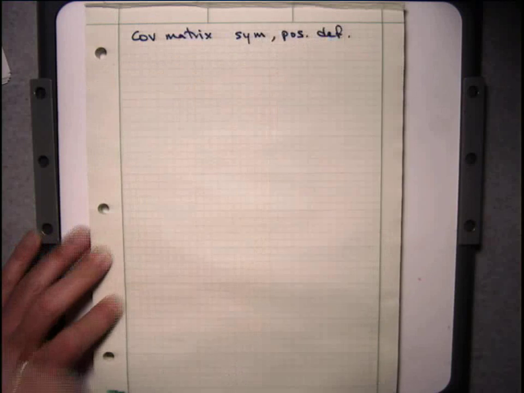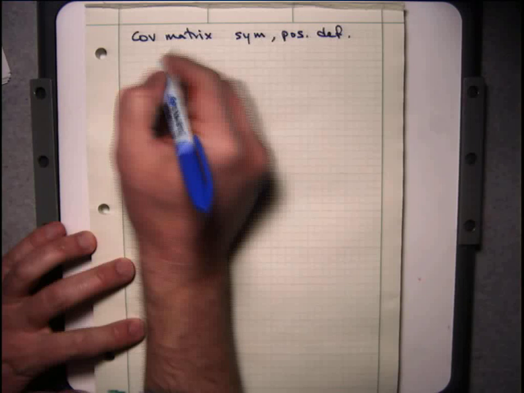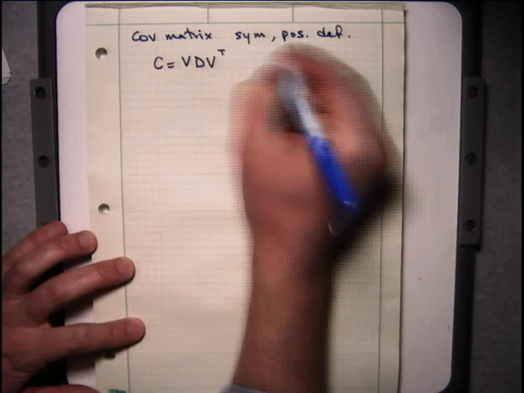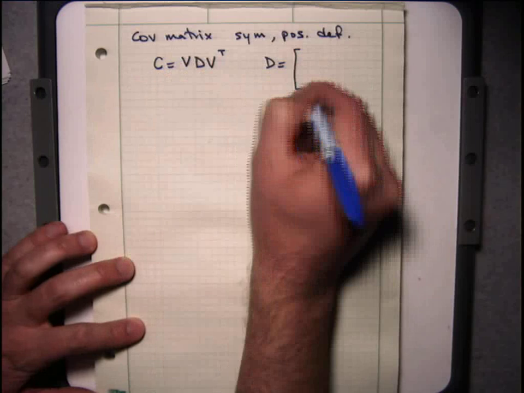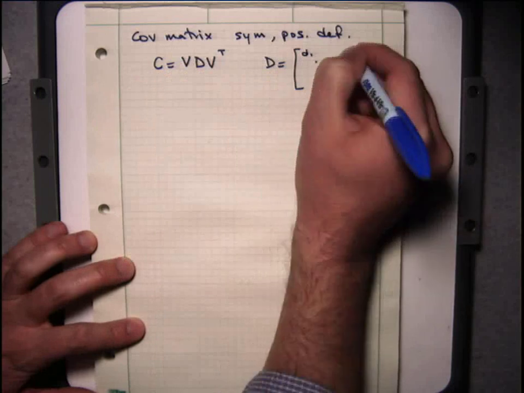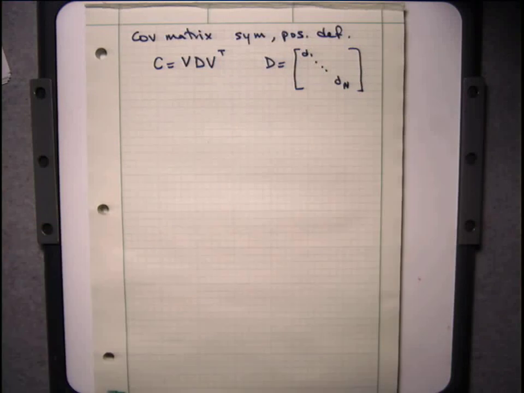And what that means is you can write its eigendecomposition like this, C equals V D V transpose, where D is a diagonal matrix D1 through Dn, where all of these numbers are going to be real and non-negative. And V is, of course, an orthogonal matrix.